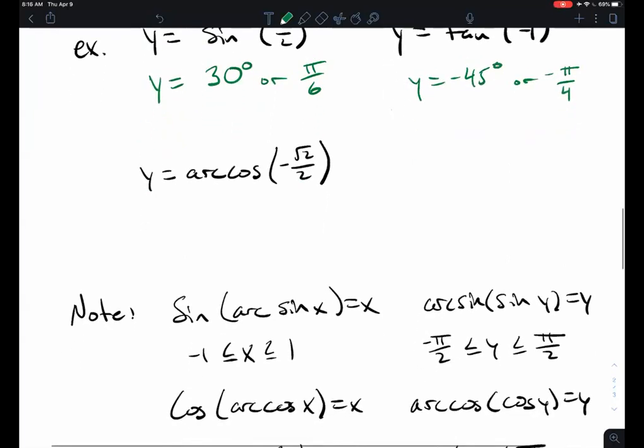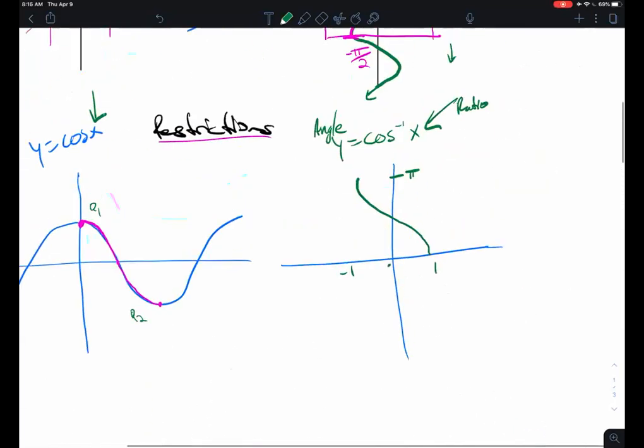And then how about arc cosine? So this is, again, a little different notation, but it's asking the same question. What's the arc or the angle for cosine to have a ratio of -rad2 over 2? And we talked about the restriction on cosine, right? It exists between 0 and pi.